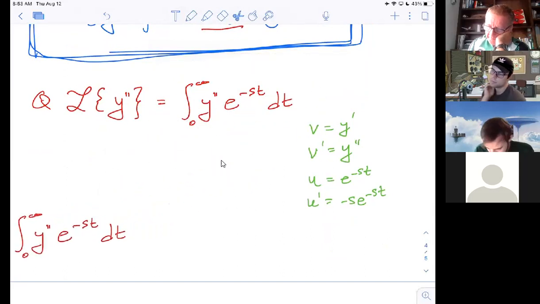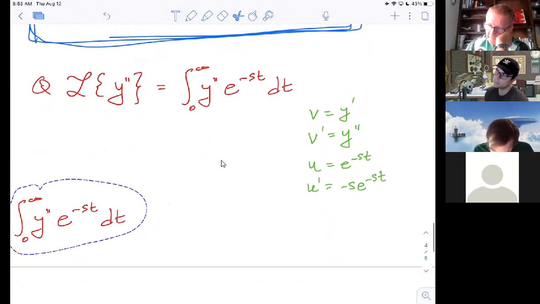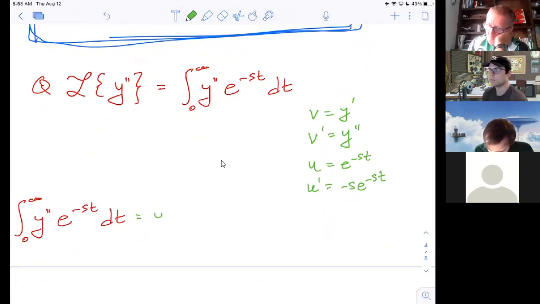Fortunately, this isn't that bad. So then we say, okay, well, cool. Then what is that equal to? It's equal to u times v. So that's y prime, and I am going to write the t in here, y prime of t actually, times e to the negative st. And again, we have to evaluate that from infinity to 0.